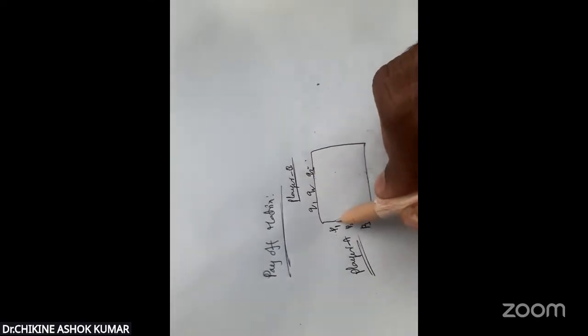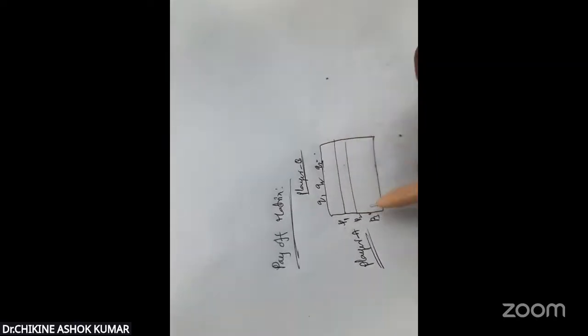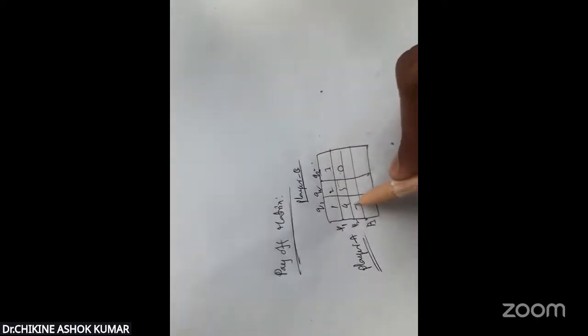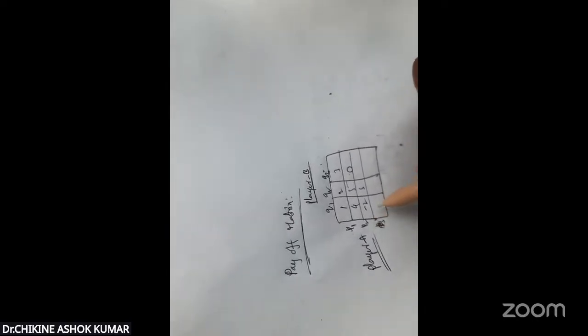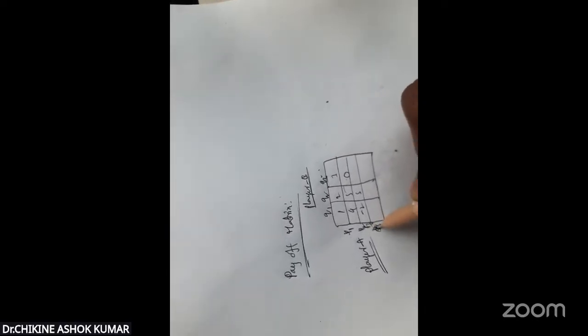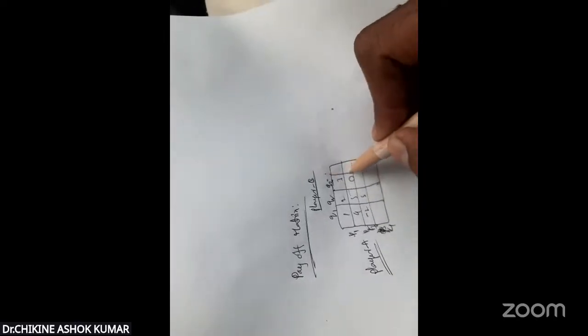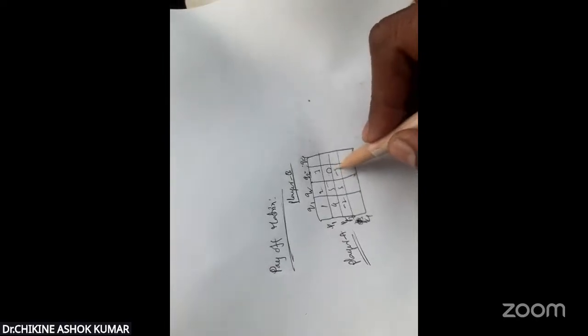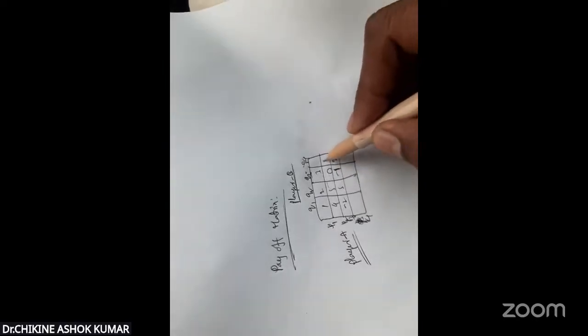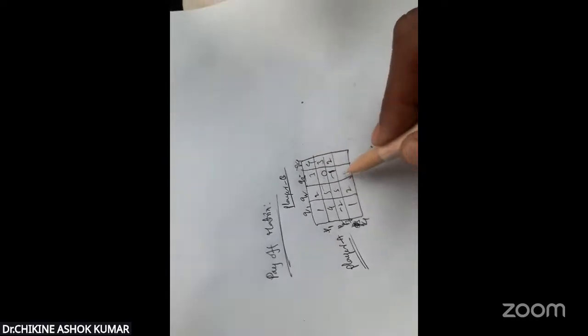Suppose the elements are like this: 1, 2, 3, 4, 5, 0, -2, 5. I am taking P3, P4, and Q4 also. Let us take whatever values, 0, 1.